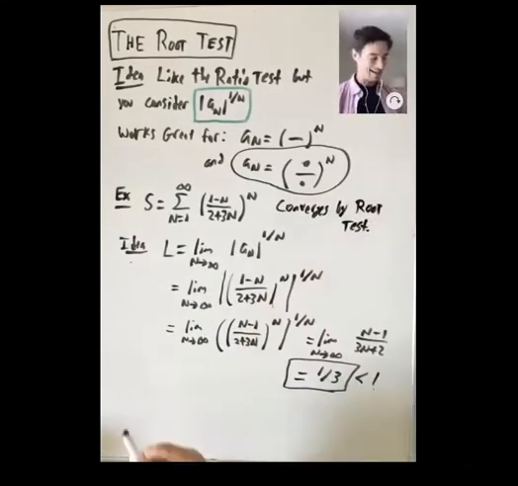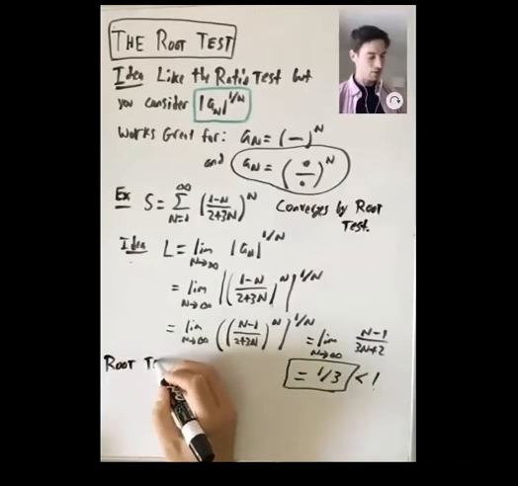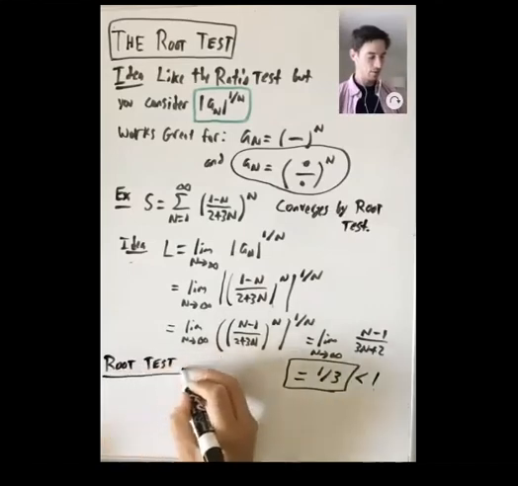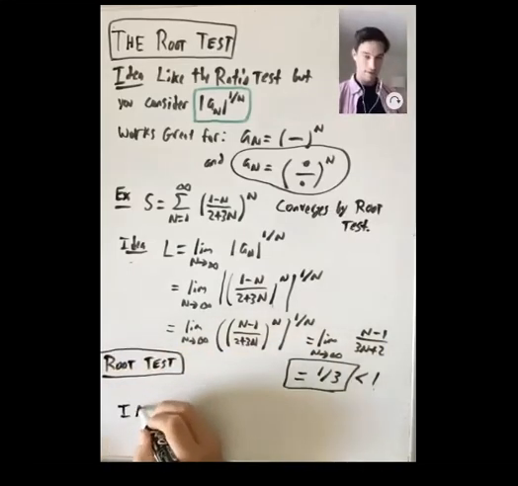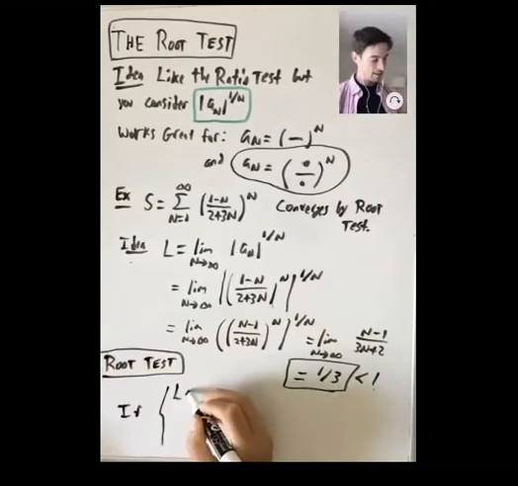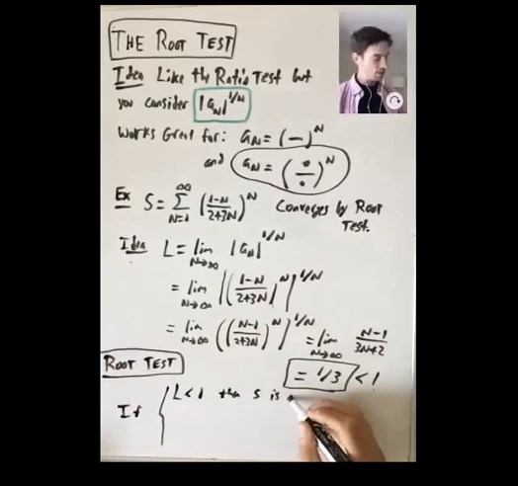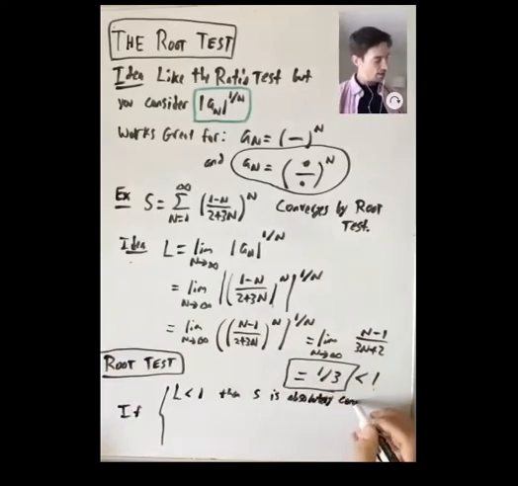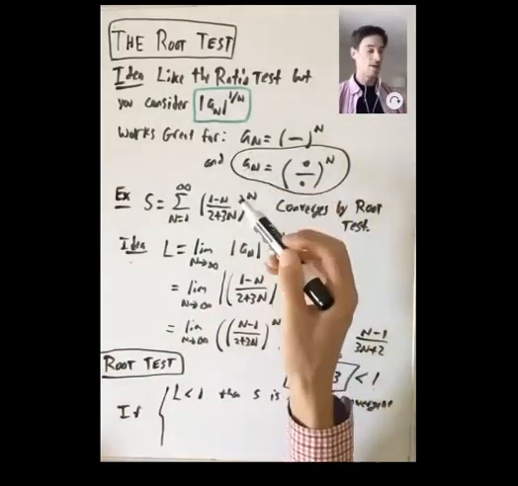So why is that? Well, what does the root test say? This statement looks just like the statement for the ratio test. So if L is less than 1, then S is absolutely convergent. Again, not only does the root test tell you that S converges, but that S converges when you replace a_n with absolute value of a_n.